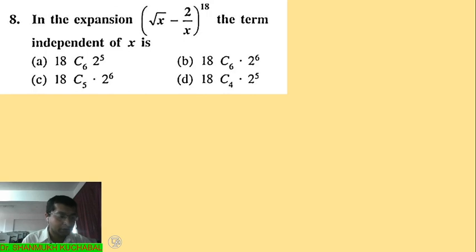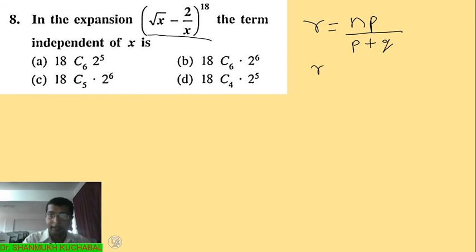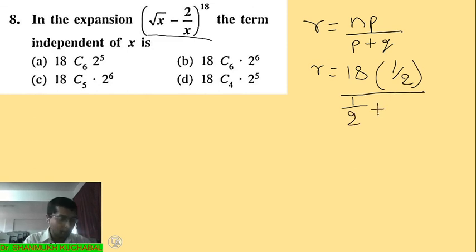In the expansion of root x minus 2 by x raised to 18, the term independent of x is. So here we have to write r is np divided by p plus q. So comparing, n is 18, p is a half, Q is 1.